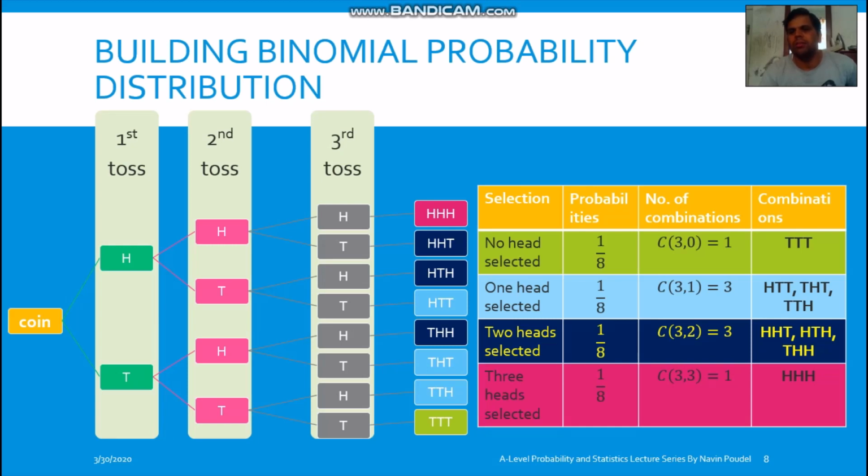But there are 3 different combinations for 1 head and for 2 heads, so their total probabilities become 3 by 8 and 3 by 8. Let us explain this information in a table.